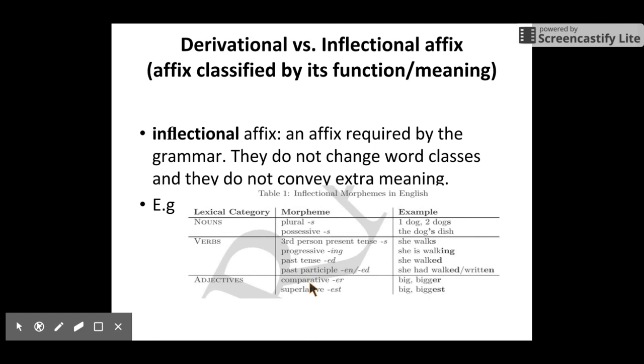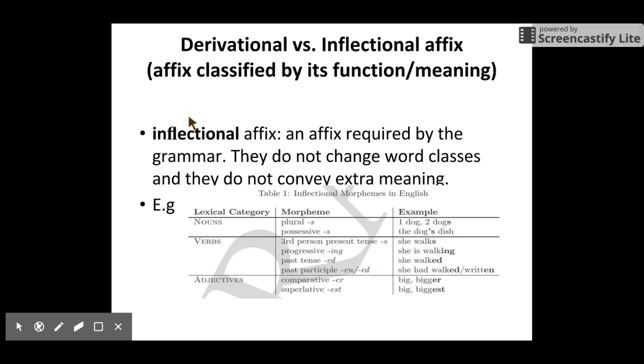On the other hand, we have inflectional affixes as well. This type of inflectional affix has a more abstract function. It is required by the grammar.